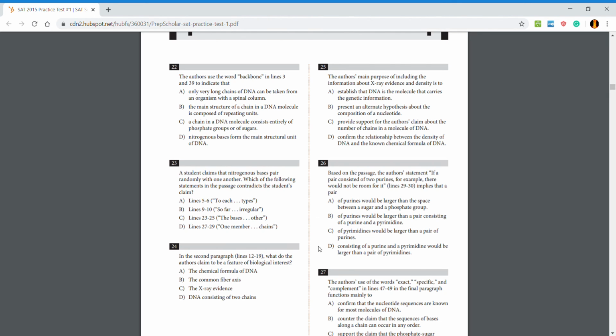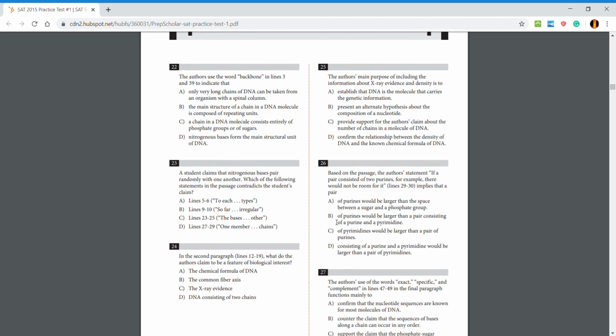Because remember back in the passage, you have a purine and pyrimidine, and between them is a hydrogen bond. And if it consists of two purines, there would not be room for it. It's not necessarily saying that it would be larger than the space between a sugar and phosphate group, but rather that there wouldn't be room for the actual bridging between the two to occur. So A is an okay choice, but it might not be the best choice.